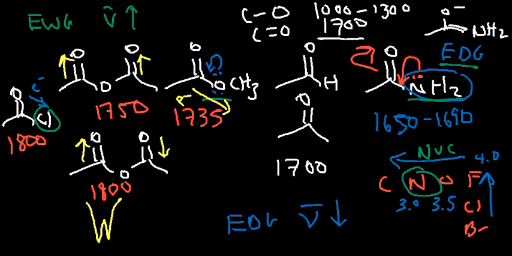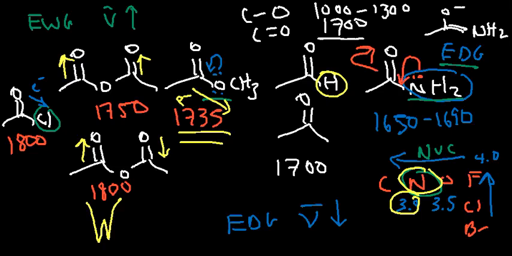So overall, in this structure, the O is more of an electron withdrawing group than a donating group relative to this hydrogen. As we can see by experimental evidence, this signal is a little bit higher. So the inductive withdrawal effect of the O exceeds the electron donating effect. But for the nitrogen, the electron donating effect exceeds the withdrawal effect. As you can see, it's a good nucleophile, but it's not as electronegative as the oxygen.